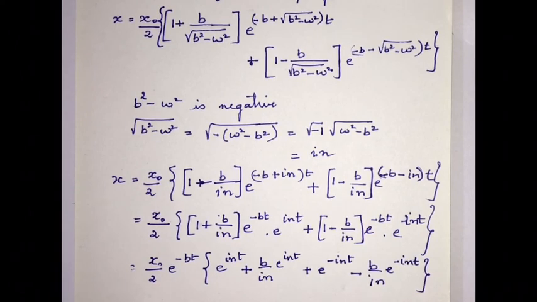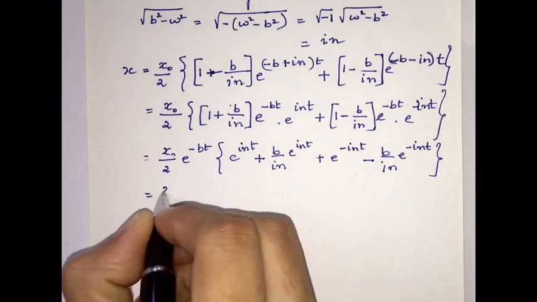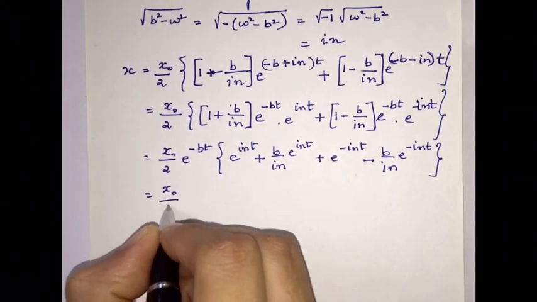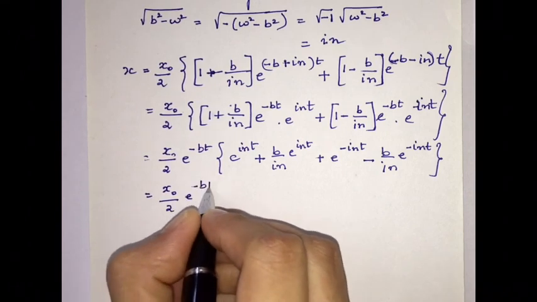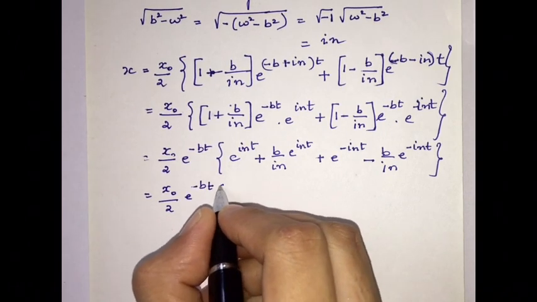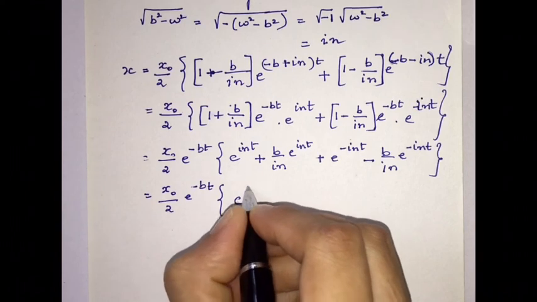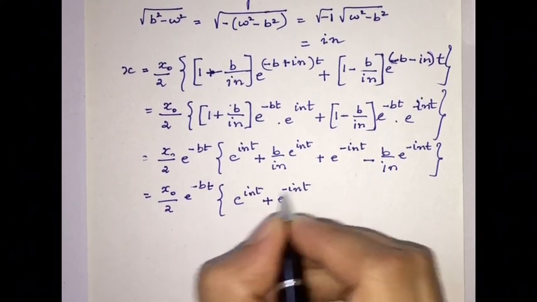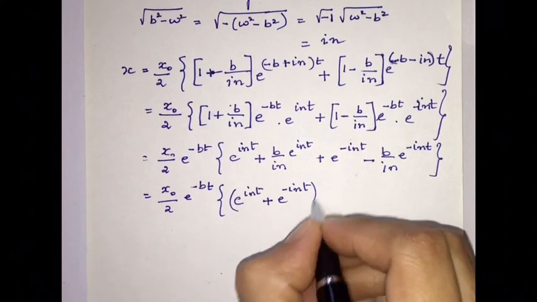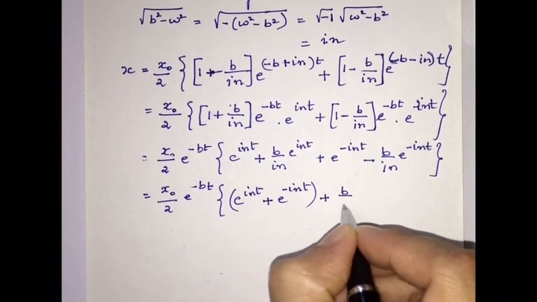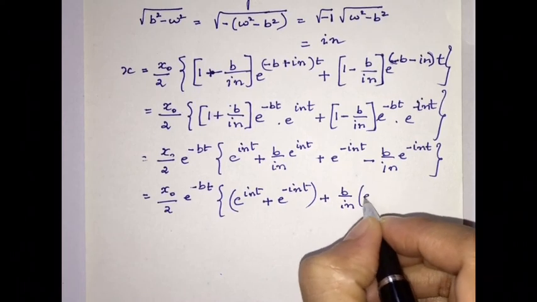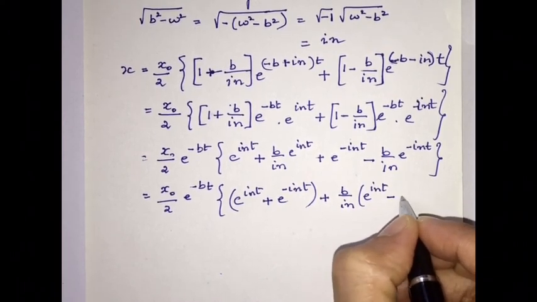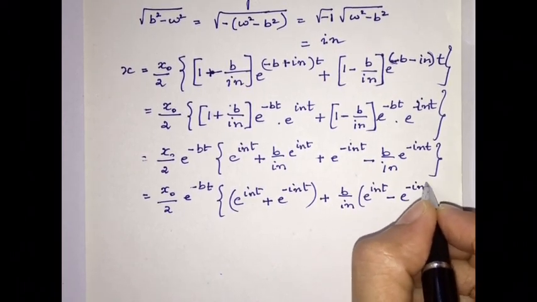Or I can again simplify this as x naught by 2 e power minus bt into e power int plus e power minus int plus b by in e power int minus e power minus int.